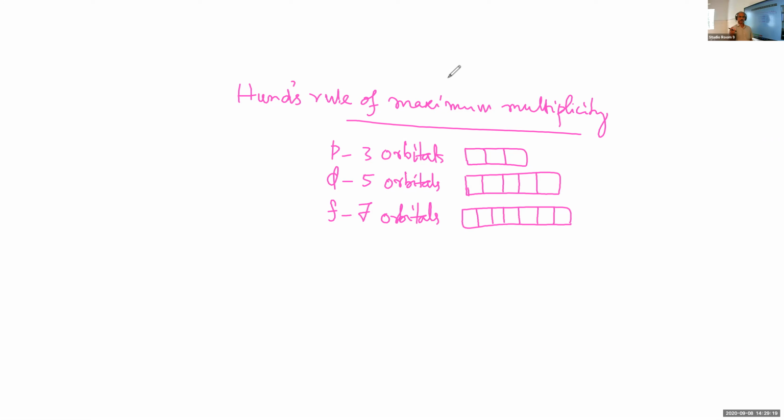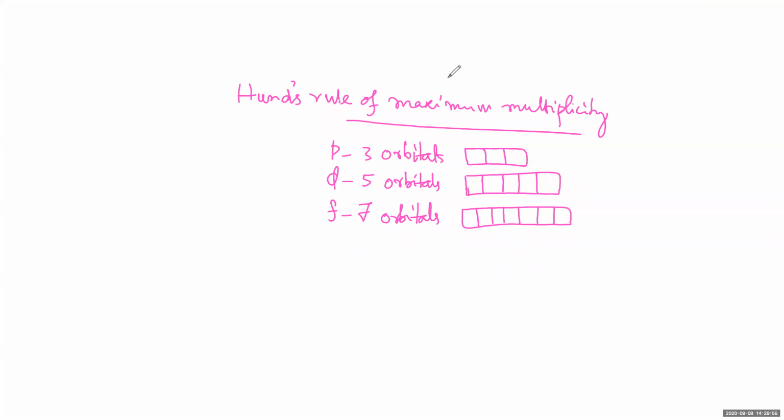If there are 2 electrons in an orbital, these 2 electrons have opposite spin quantum numbers. Because the 2 electrons in an orbital will have the same principal quantum number n, azimuthal quantum number l, and magnetic quantum number m l.